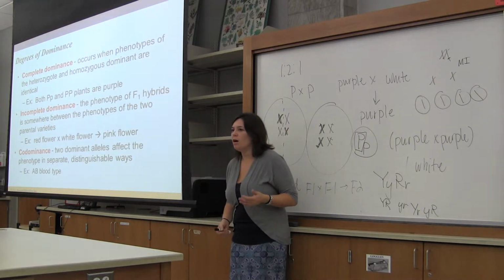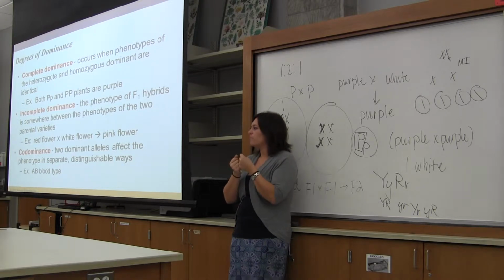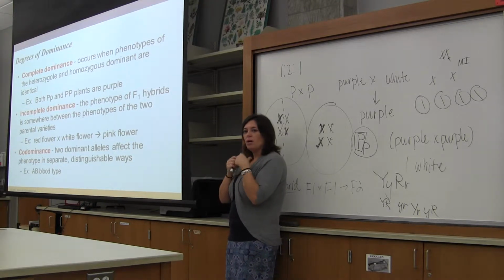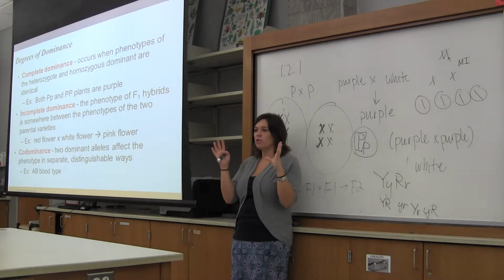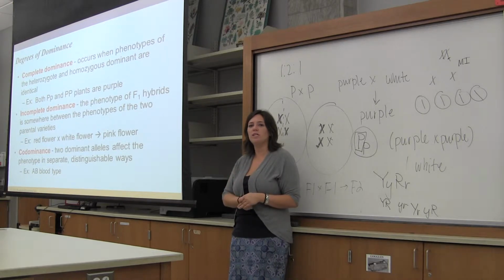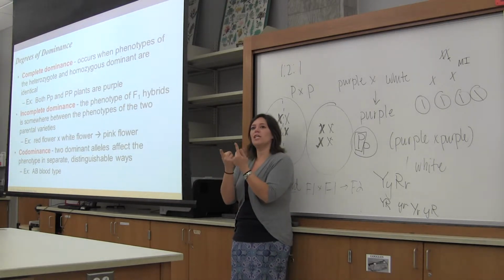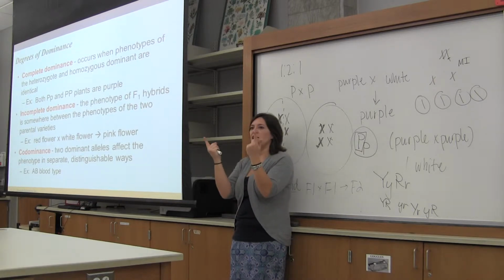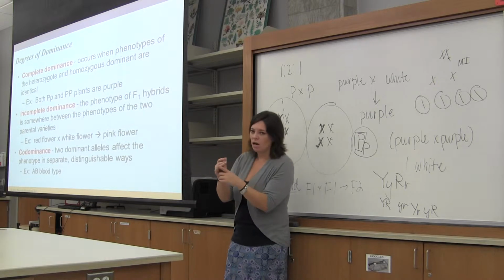Well, in the case of codominance, we have 2 different alleles, both contributing to the phenotype. An example of this is blood type. Your blood type is based on these little proteins or sugars that are attached to your red blood cells. And the AB blood type is actually 2 different alleles. There's the A allele and the B allele, but they're both contributing to the AB phenotype of your red blood cells.